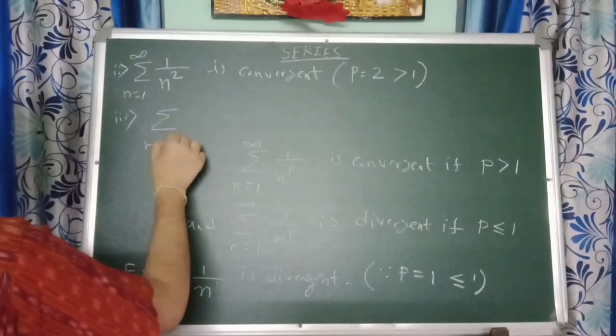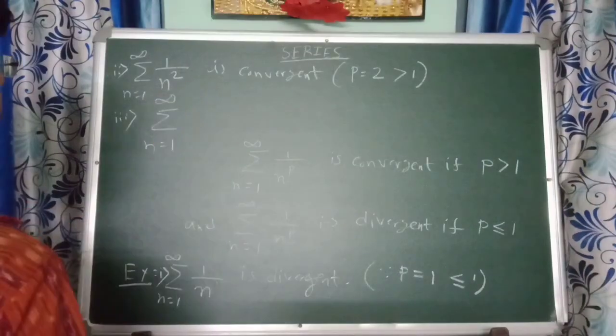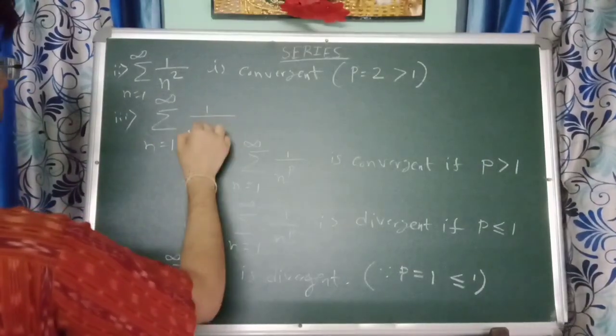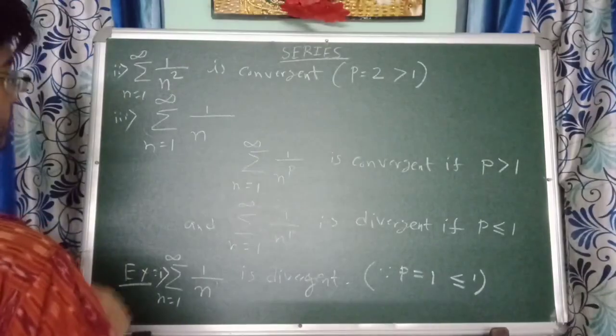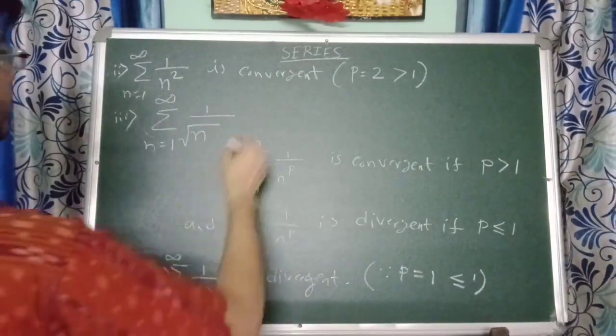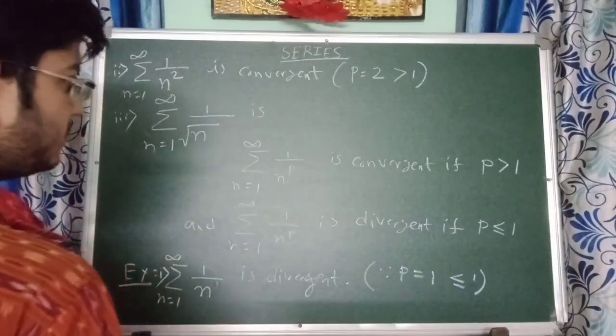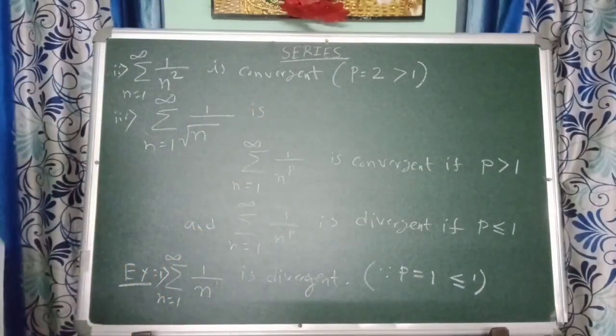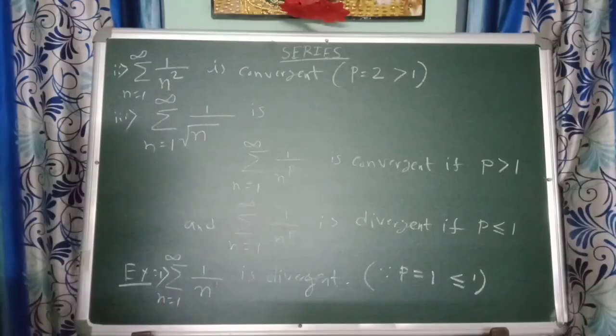Again, if you consider the summation n equals 1 to infinity of 1 by n to the power square root of n, which is also divergent.